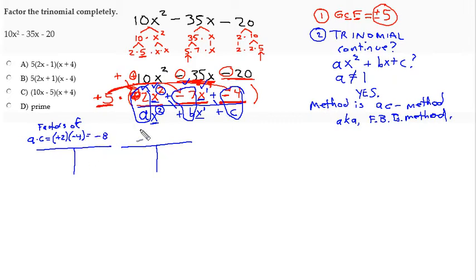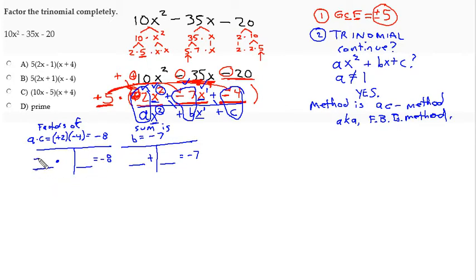We're looking for the factors of negative 8 whose sum is b. b in our case is negative 7. So we're looking for 2 numbers that multiplied make negative 8, and the same 2 numbers added together make negative 7. When we think about the factors of negative 8, there are several combinations that involve 8s and 2s and 4s.